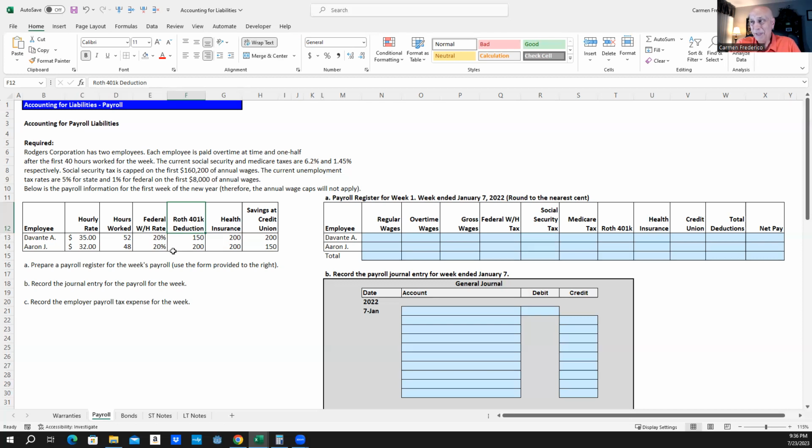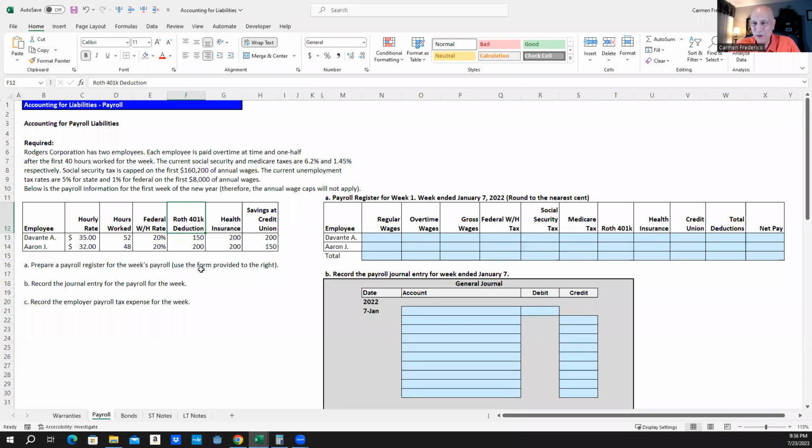There's no state income tax here because they work in a state that doesn't deduct for income taxes, so we can ignore that. The 401k, Roth 401k deduction, again, is after tax, just to keep it simple. It's also something that I recommend, but that's beyond the scope of this course.